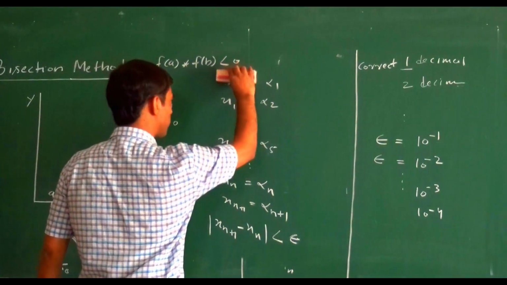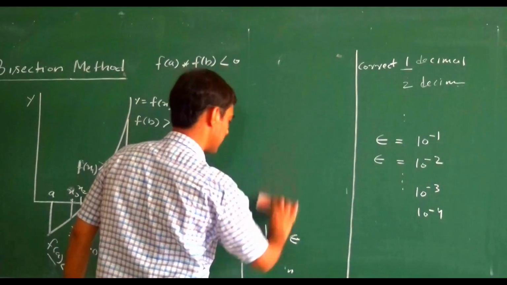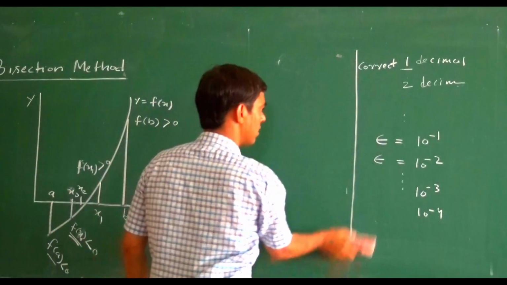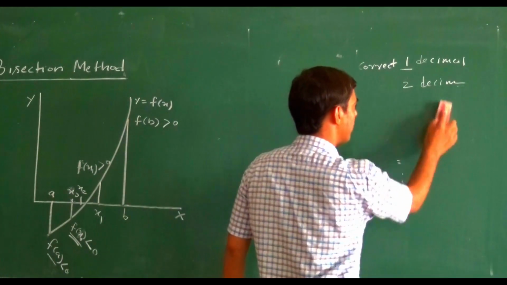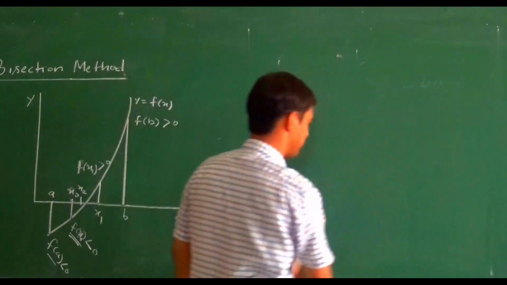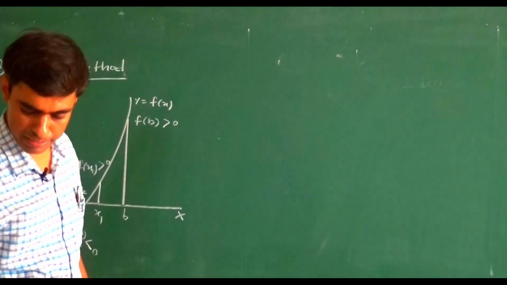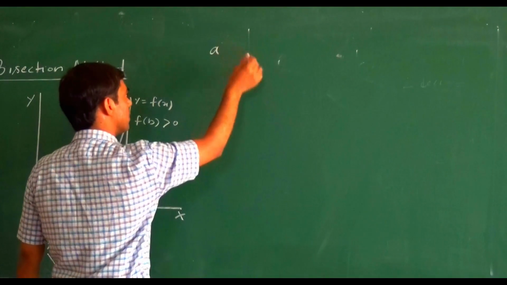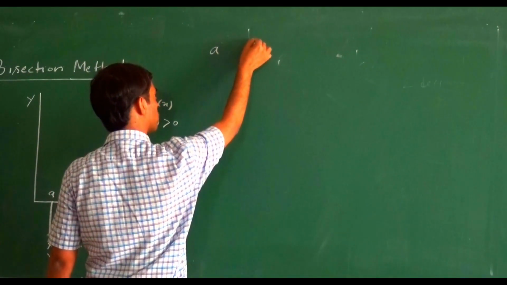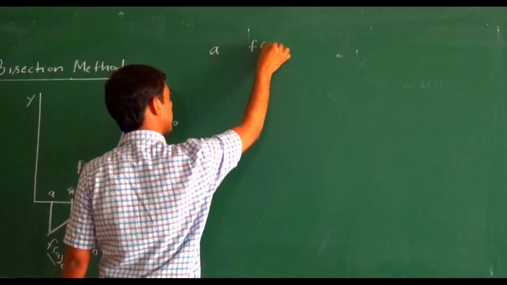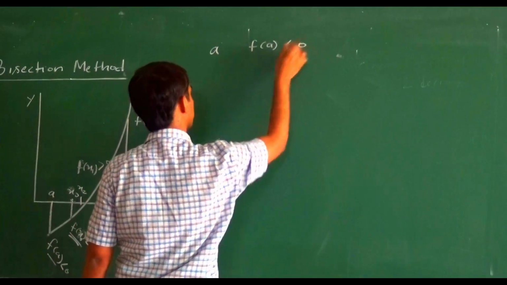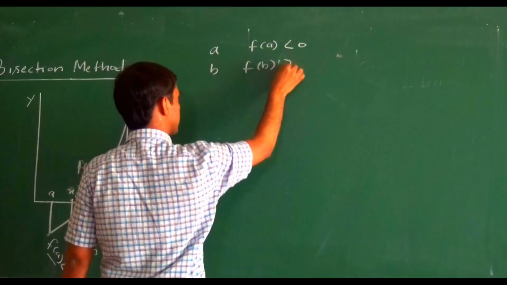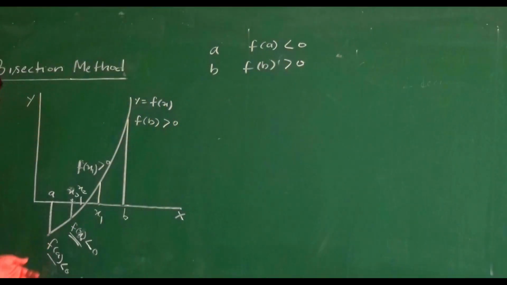Now, we try to find an expression in terms of EPS and the initial values, A and B. What is the meaning of this? We have A where f of A is less than 0, and B where f of B is greater than 0, like in this case.